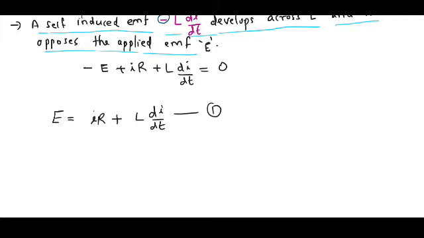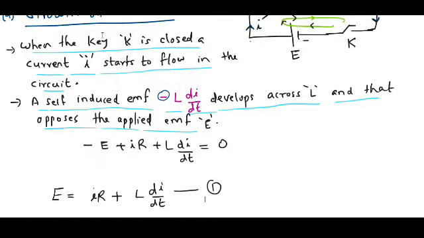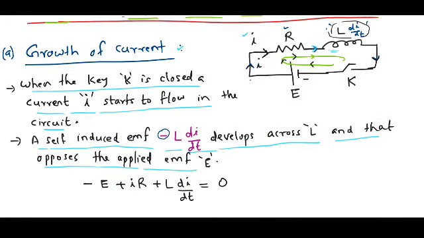Then, as I mentioned, in the circuit, the current starts to flow just after the key is pressed. That is, at time t is equal to 0, our current is equal to 0. At time t is equal to 1 millisecond, current I is equal to 1 milliampere, roughly.